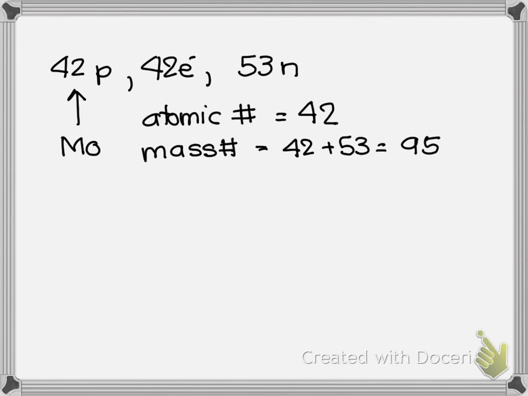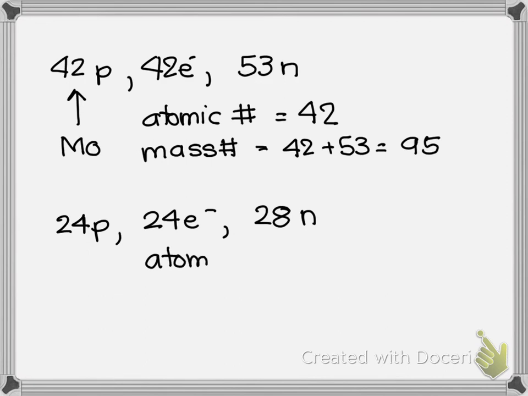Okay, so if I had an atom that had 24 protons, that would mean it also would have to have 24 electrons. And if this atom had 28 neutrons, notice they aren't always the same. The protons, electrons, and neutrons don't all have to be the same, just the protons and electrons. So its atomic number equals 24.